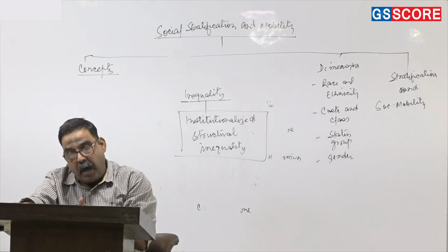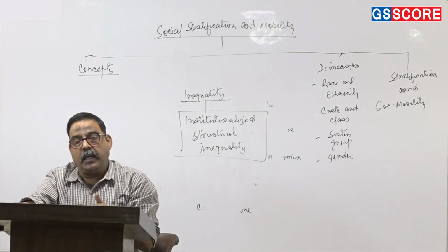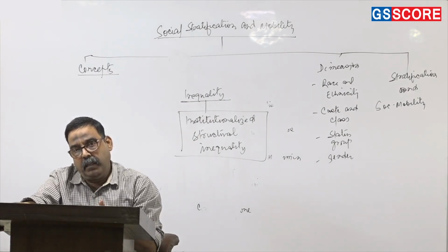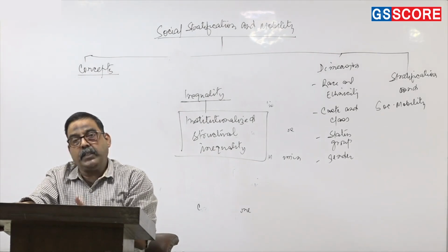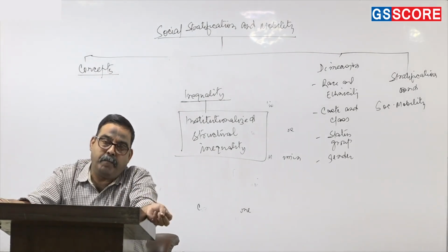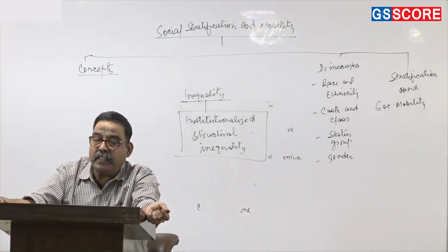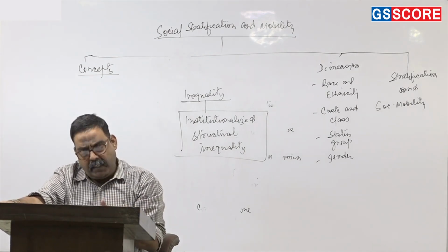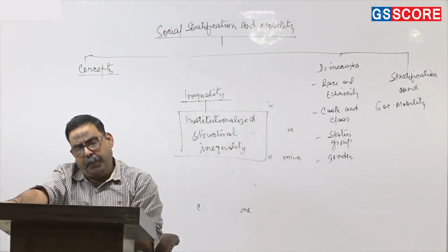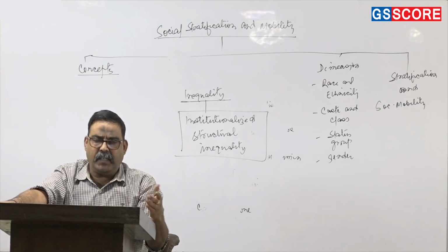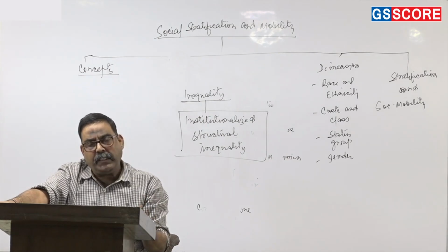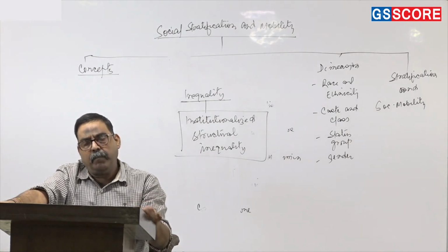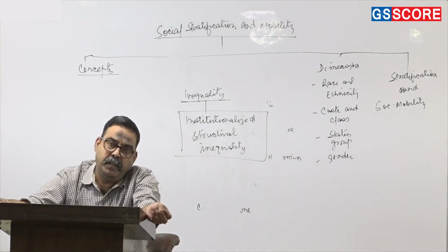And we talked about how inequality which is not institutionalized is an unstratified society. The inequality which has been institutionalized in society is a stratified society. That way the differences have come out. And then we raise, are there some other parameters on which people are differentiated apart from caste and race? Yes, the basis of differentiation has been there in terms of height and weight, but they are not sociologically significant.